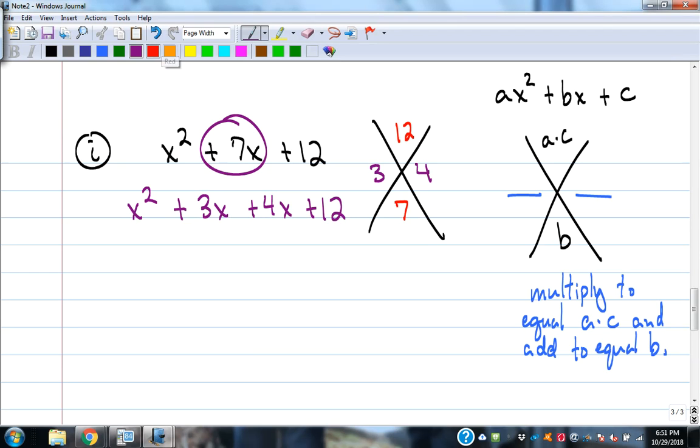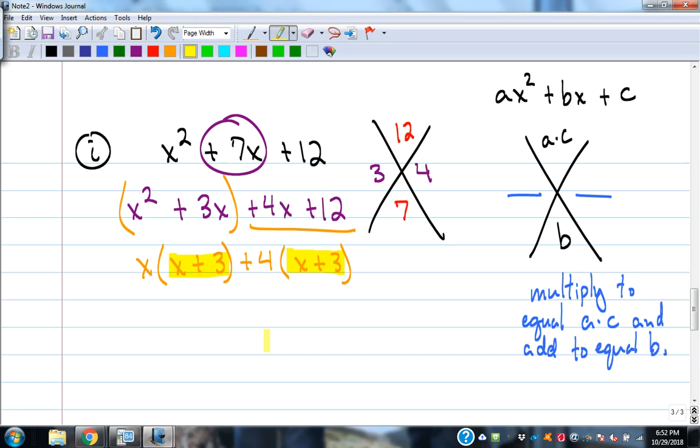Okay, so I'm going to group the first two together. What's the GCF of x squared and 3x? X, leaving x plus 3. What's the GCF of 4x plus 12? Plus 4. What do you know about those parentheses?